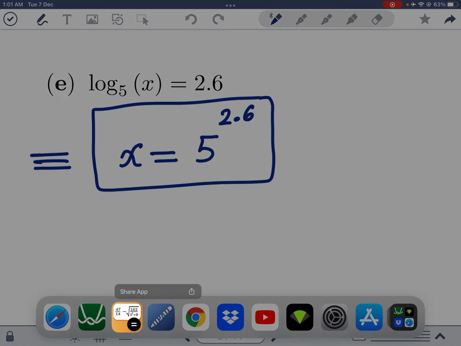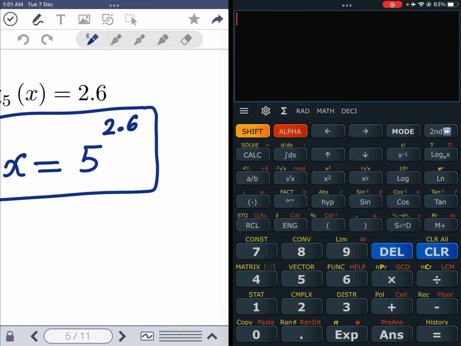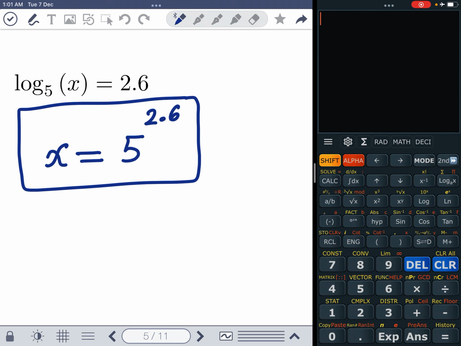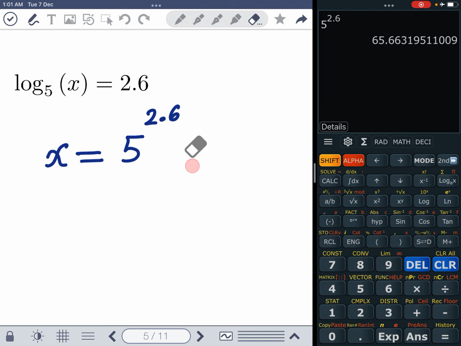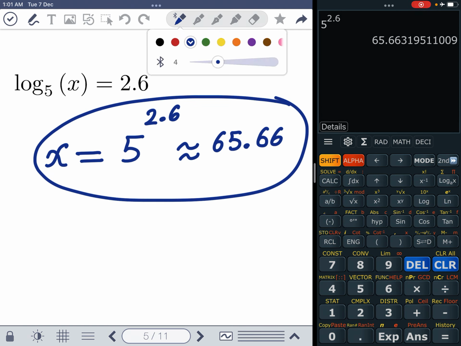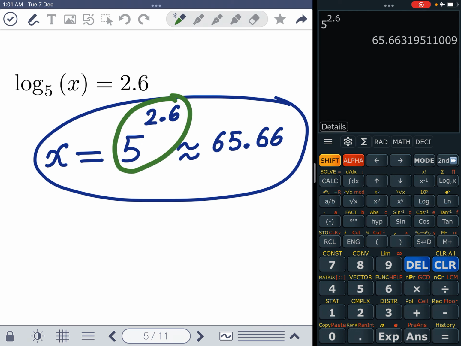So what is 5 to the power 2.6? Well, let's find it. 5 to the power 2.6 equals, of course, we will approximate now, 65.66. And of course, if you have both answers in the choices, you will choose this one.